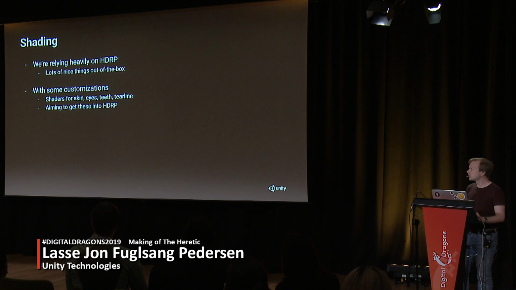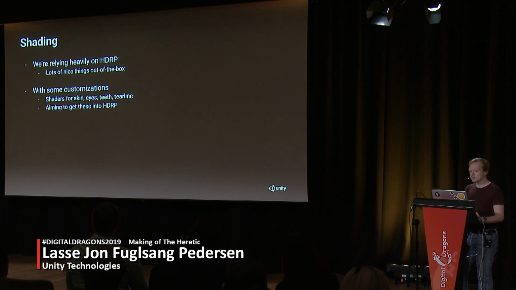So just to preface this, we are relying really heavily on HDRP, and HDRP is Unity's scriptable render pipeline, so you can write your own, and HDRP is Unity's best bet on how you can render high-definition graphics with Unity.